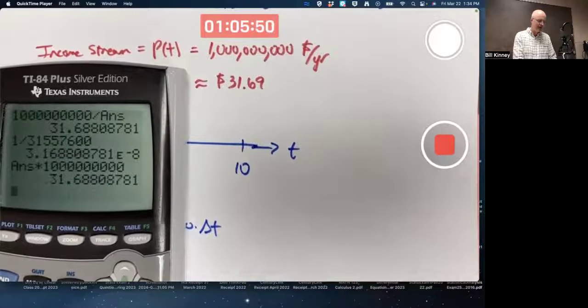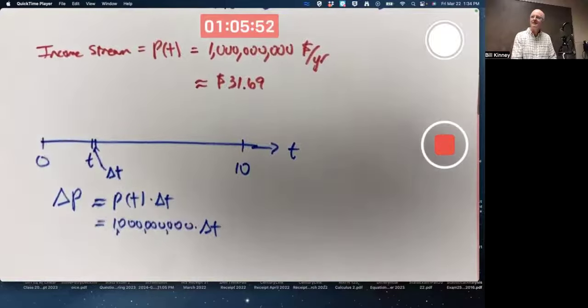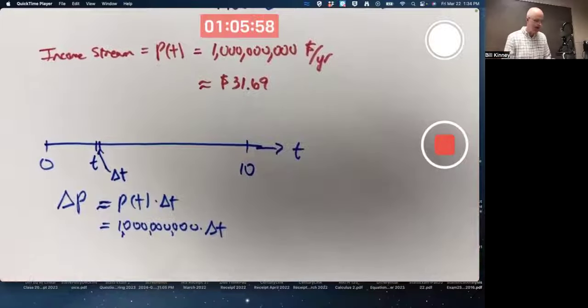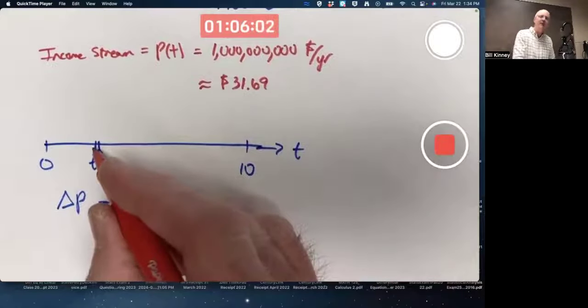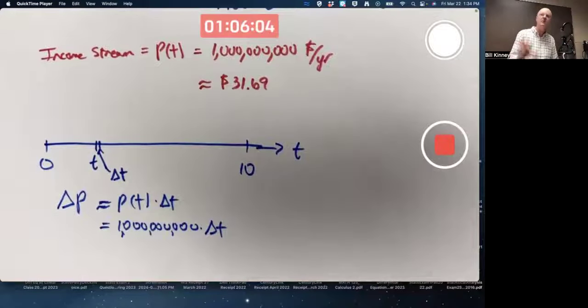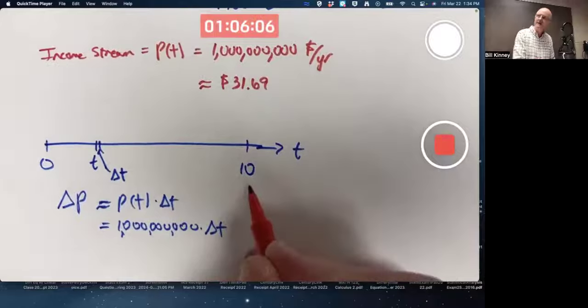To get that $31.69 during that second. That's the small amount of money that comes into your account in the small amount of time. How much will that tiny amount of money grow to after the end?